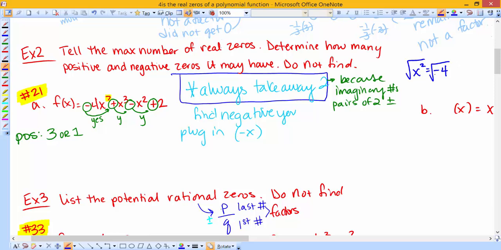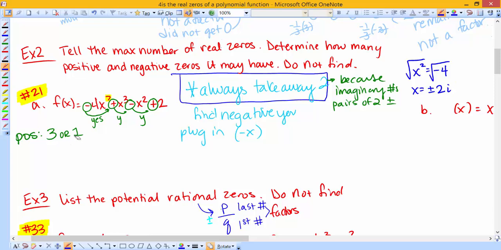I need to remember that because that negative is inside, I will have 2 imaginary answers. It's still plus or minus, this becomes plus or minus 2i. 2 solutions, but they're not real. They are imaginary. That might actually happen. I might have an imaginary root. And if I'm given 1 imaginary root, then there are 2 imaginary roots. So please remember, you must take away 2.